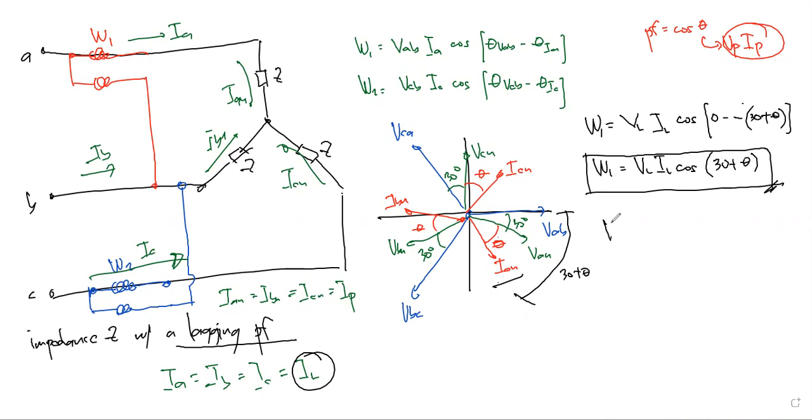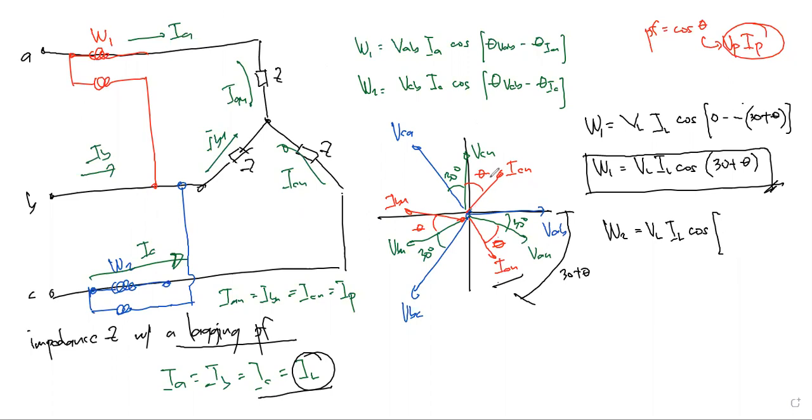For wattmeter 2, it is equivalent to the magnitude of VCB, that is VL, and the magnitude of IC, which is equivalent to IL, and then cosine of theta VCB. So where can we find VCB? Theta VCB can be found here.